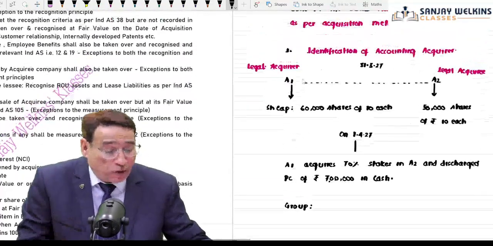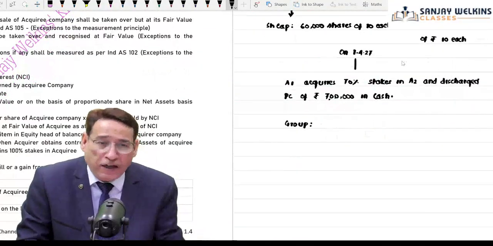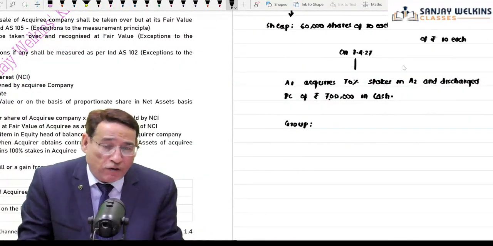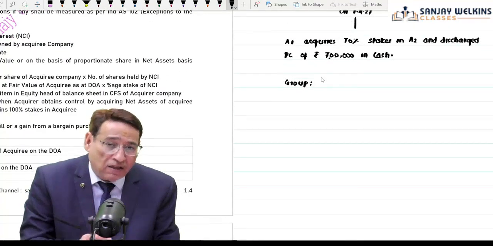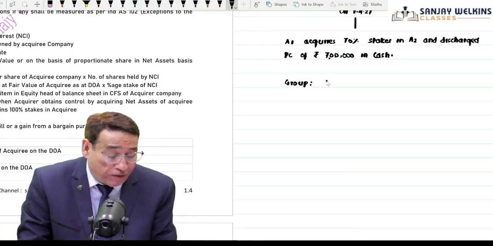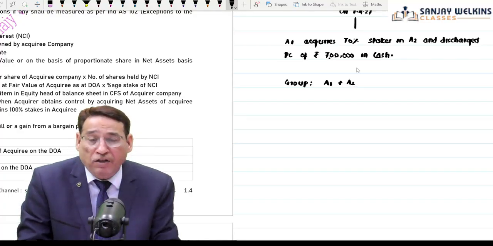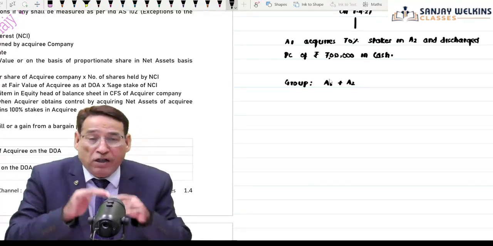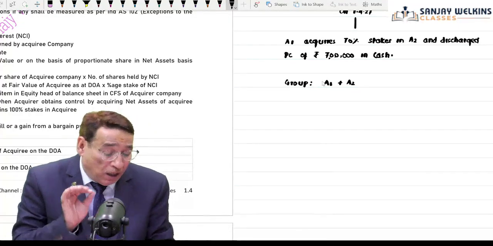In this case, because you have acquired 70% stakes in A2 Limited, A2 Limited is your subsidiary company. So the group comprises A1 Limited, the acquirer entity, and A2, the acquiree entity. These two entities combined will be called a group. Is it clear to you or not?